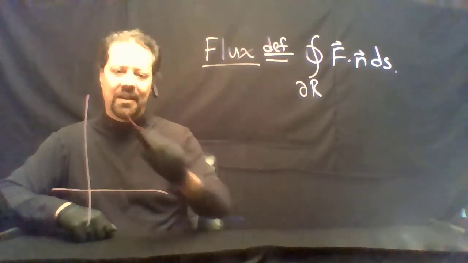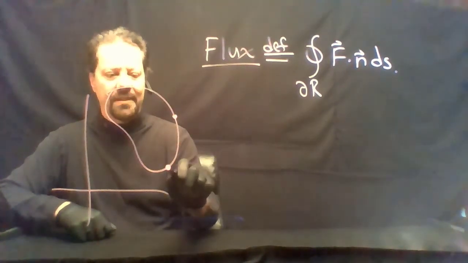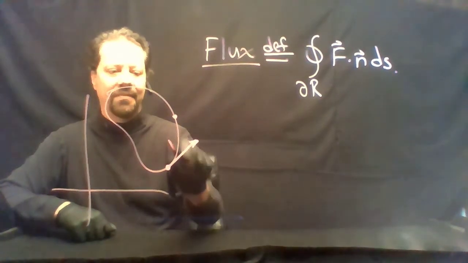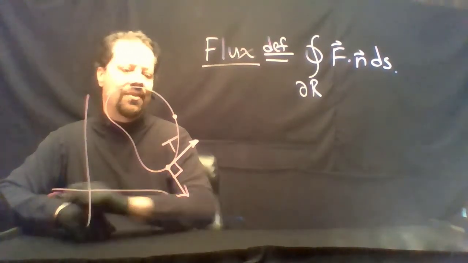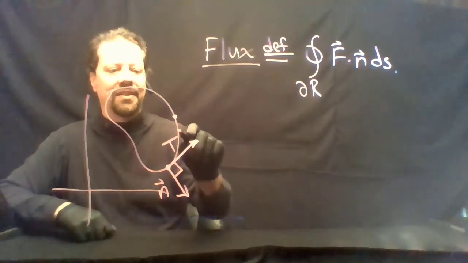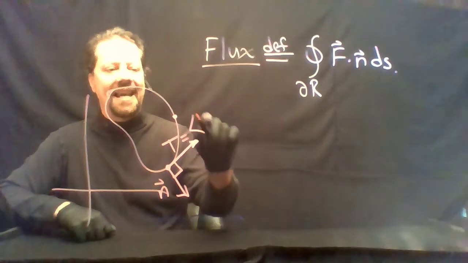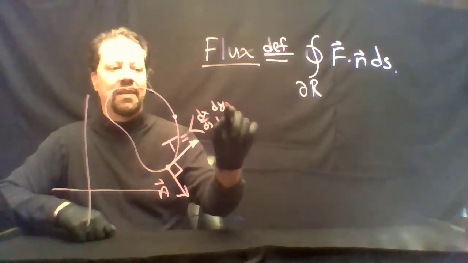Now, we can operationalize this a little better. Let's suppose that our tangent vector is right here. The normal vector will be at a right angle to that and have exactly the same magnitude. You'll remember the tangent vector was dx/ds, dy/ds.